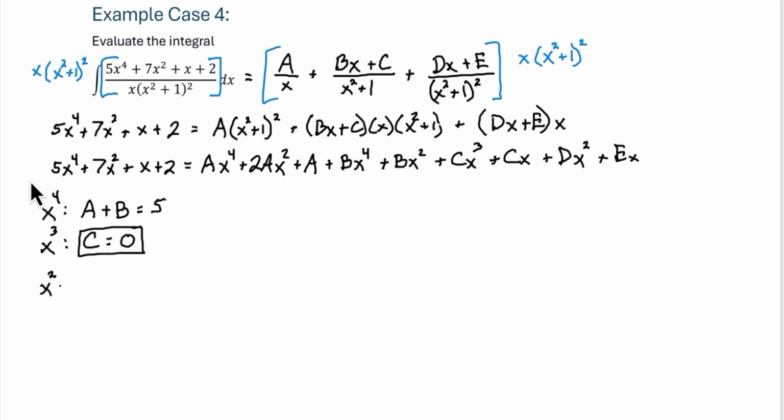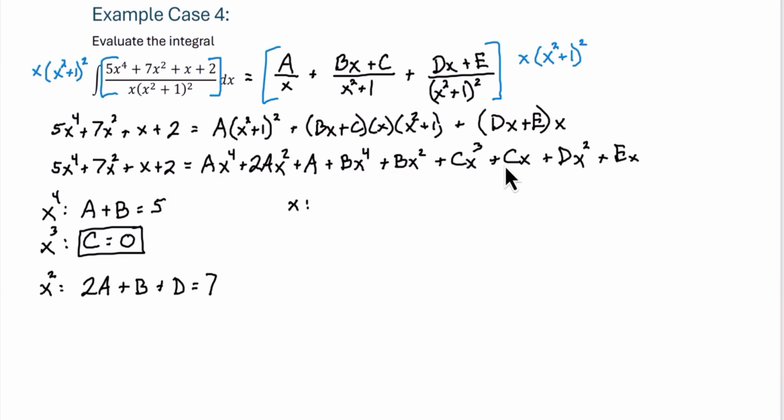Now x squared. The x squared terms, we have 2a and b. And we have d. Those are equal to the coefficient of x squared on the left, 7. Then we'll go for the x terms.